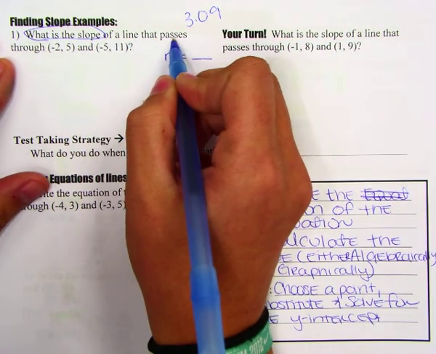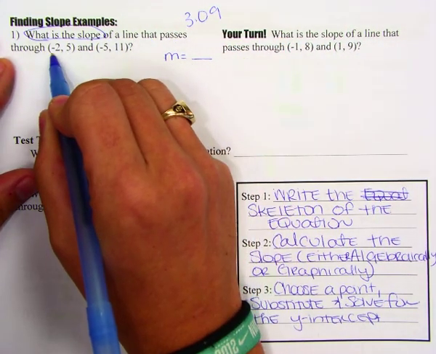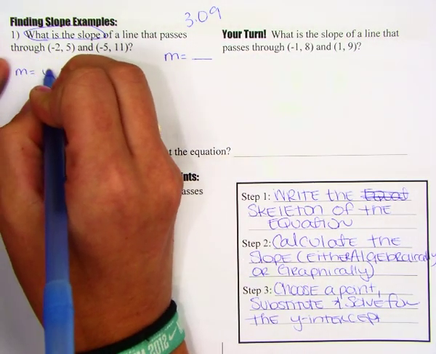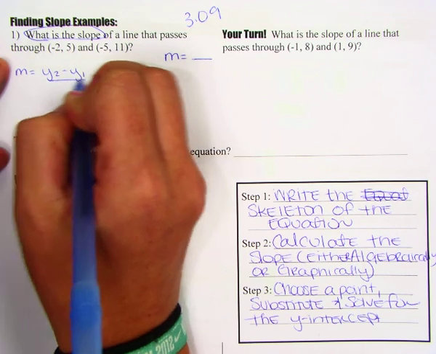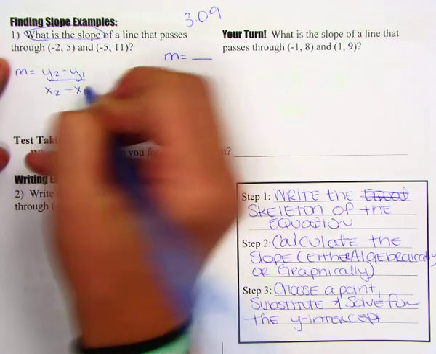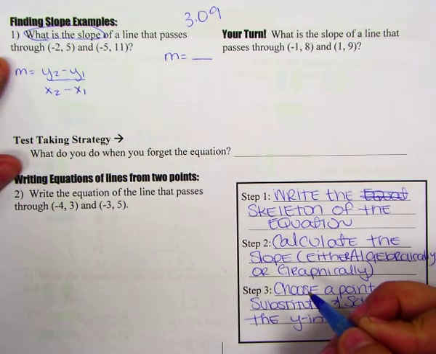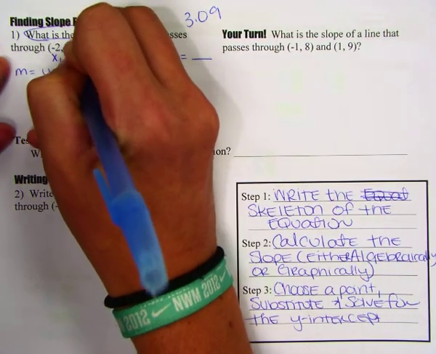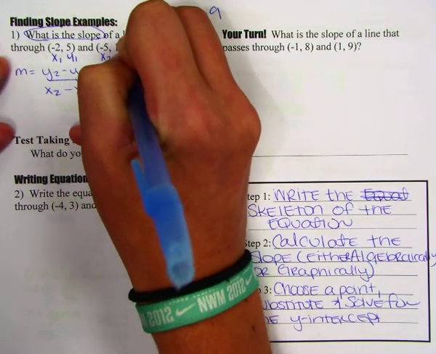So what is the slope of a line that passes through negative 2, 5 and negative 5, 11? To solve for that, I'm going to use y2 minus y1 divided by x2 minus x1, which is the slope formula. In order to do this, I need to label my points, x1, y1, x2, y2.